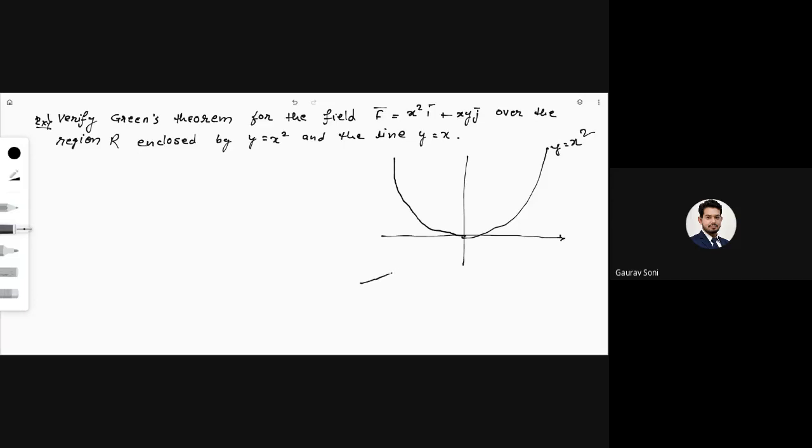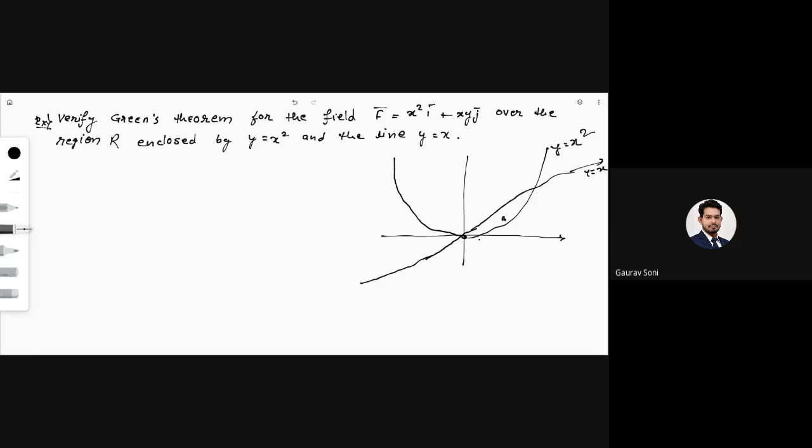Y equal to x is a line passing through the origin, since there is no constant term. So y equal to x is the line. So the area bounded by this is this area.